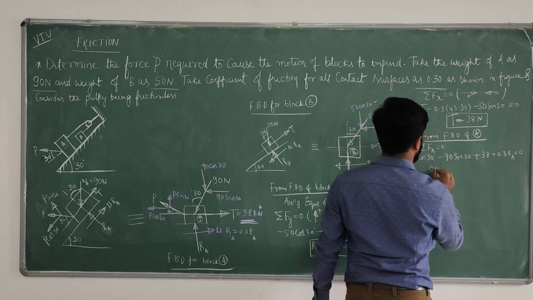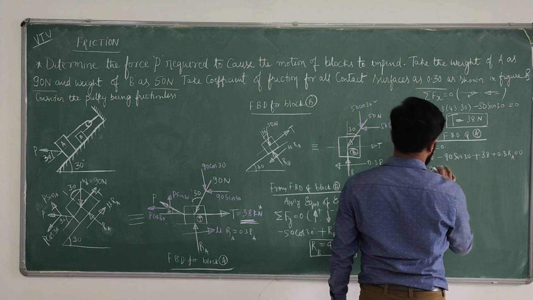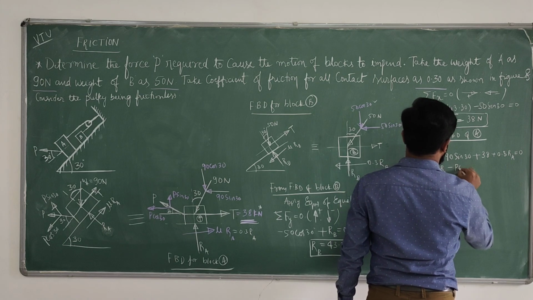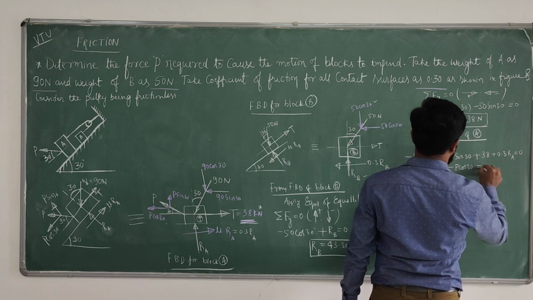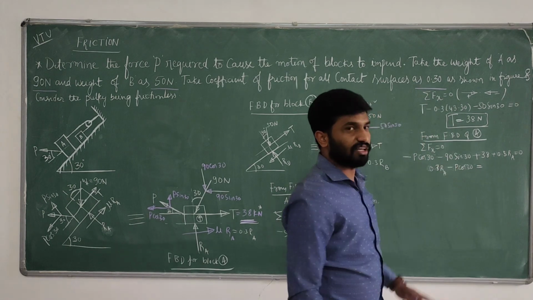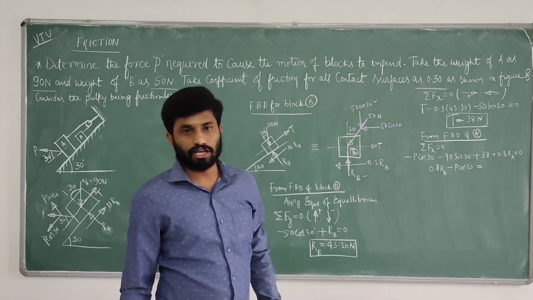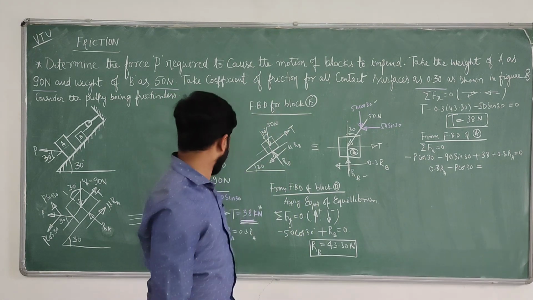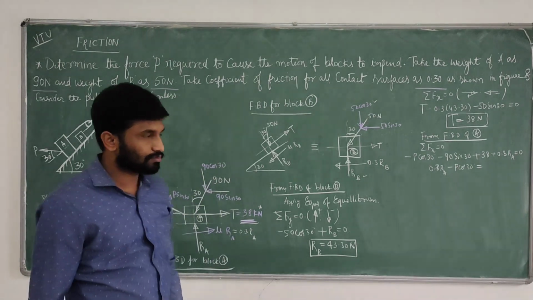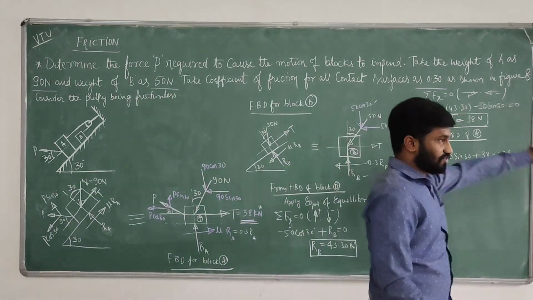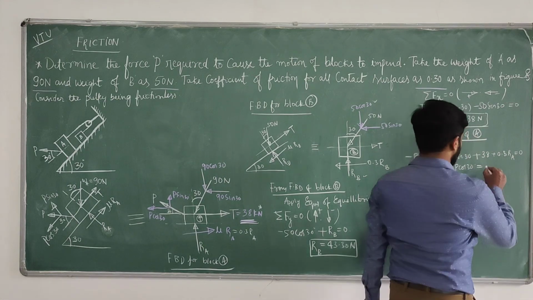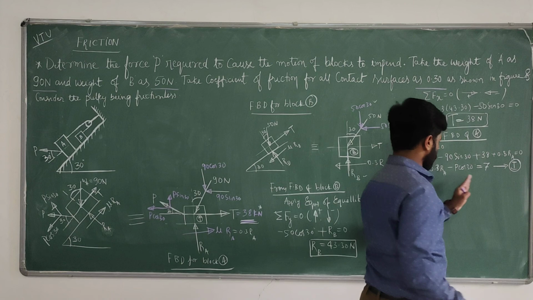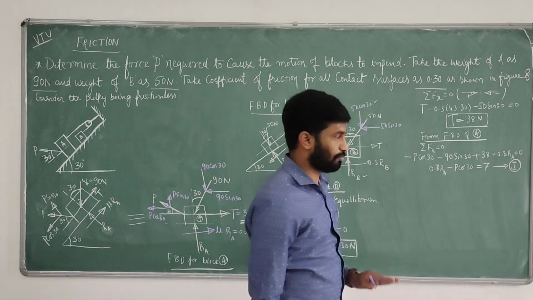I take the RA term first: 0.3 times RA minus P cos 30 equals 38 minus 90 sin 30, minus 7. If you take this side, it will become plus 7. Take equation number 1, because it has two unknowns.